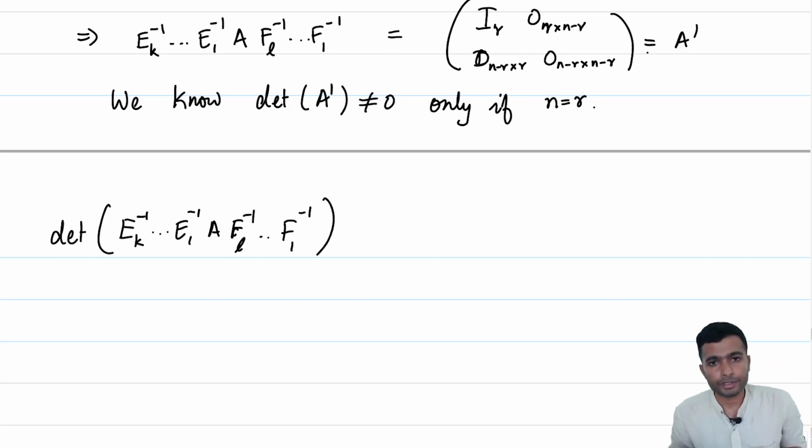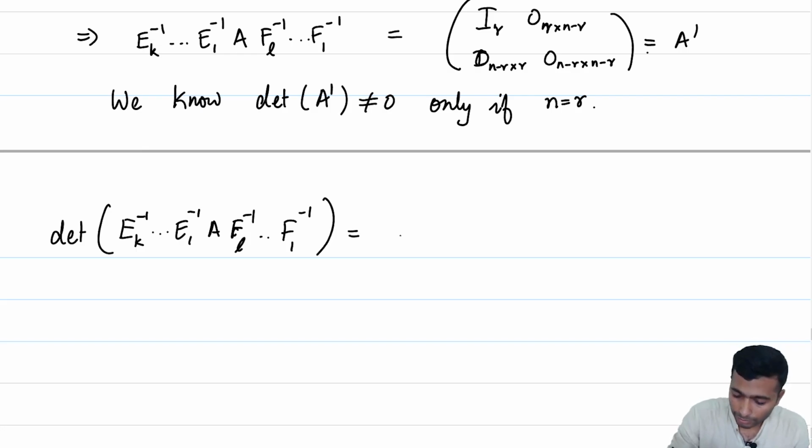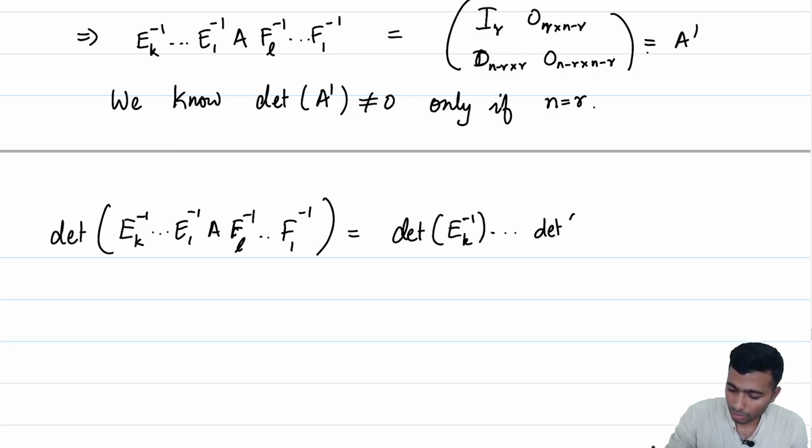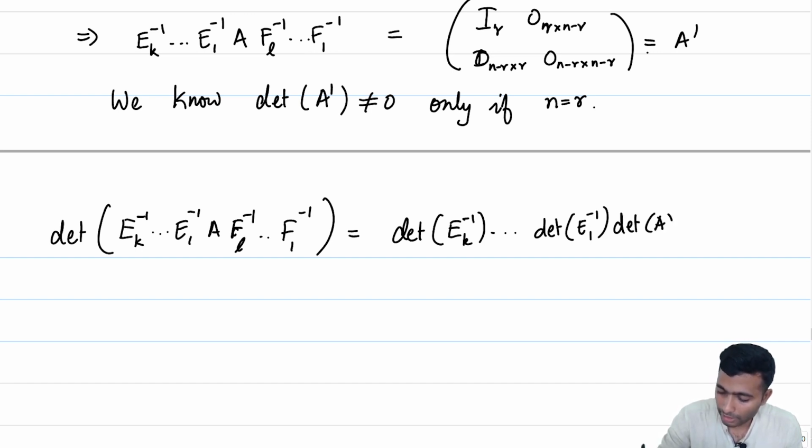What do we know about the inverse of an elementary matrix? It will again be an elementary matrix, and therefore, we just checked that for elementary matrices the determinant of E times A, for example, is determinant of E times determinant of A. By repeatedly applying this, this is equal to determinant of A times determinant of FL inverse dot dot dot determinant of F1 inverse.